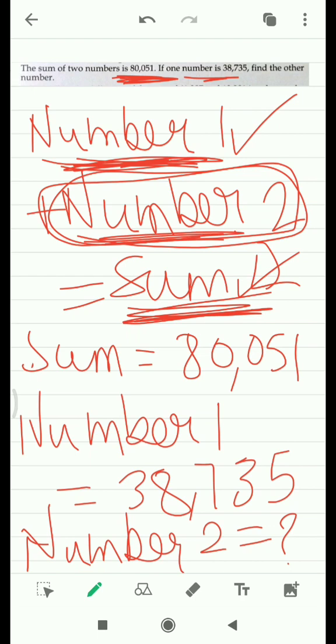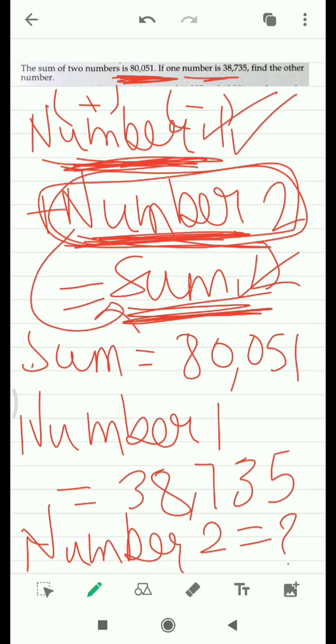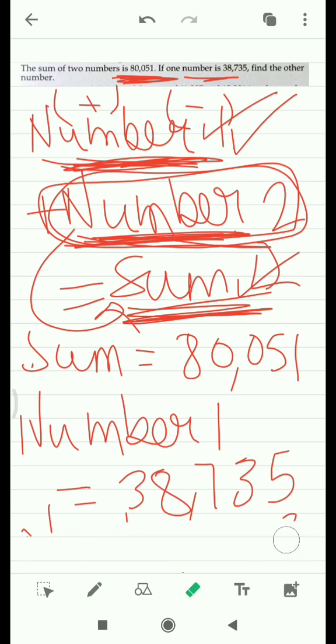So what we're going to do here, since we have to find the smaller number: addition or subtraction? Since this number is going to be smaller than the sum, we have to proceed with subtraction. Okay? So let's do that.